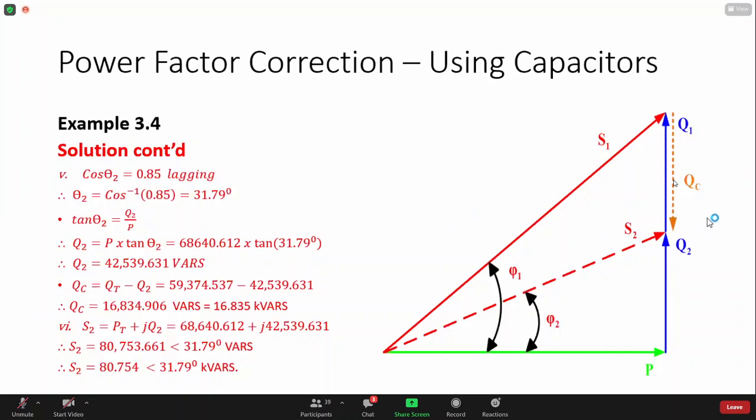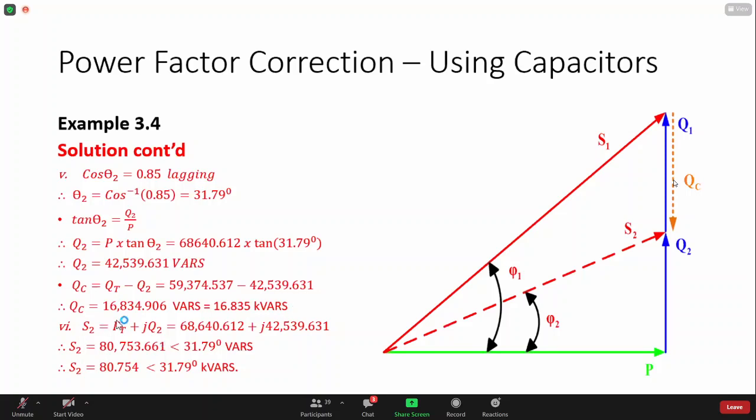Now QC is the difference between QT and Q2. So QC, which is what the capacitors have added to the system, is 59.37 minus 42.5 kVARs. So QC is equal to 16,834 VARs, or 16.835 kVARs. So that's what QC is equal to.